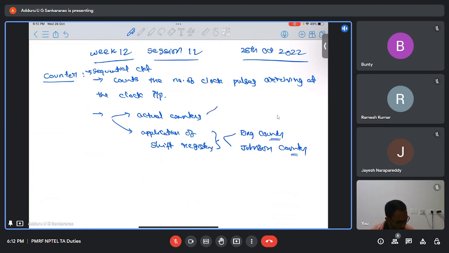And actual counters we can again classify into two: asynchronous counters and synchronous counters.